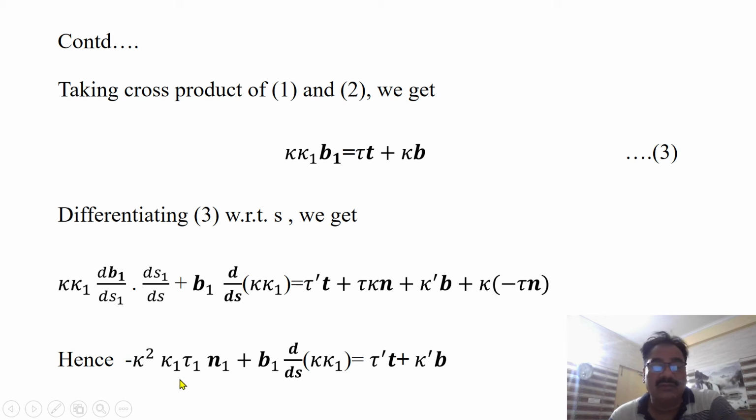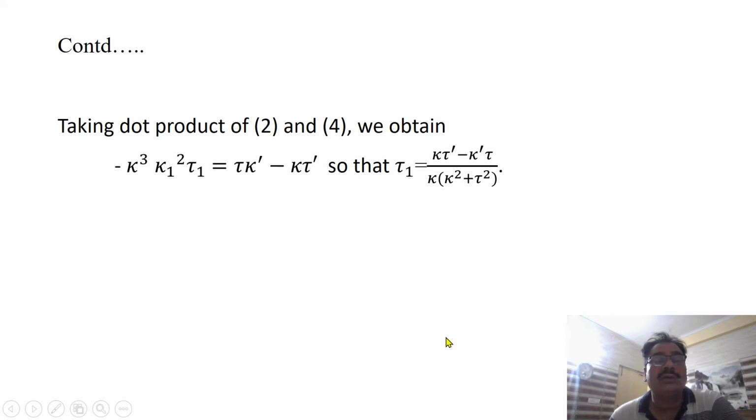On simplification, we write minus k squared k1 tau1 n1 plus b1 d by ds of (k k1) is equal to tau dash t plus k dash b. Now taking the dot product of 2 and 4, we obtain on simplification tau1 is equal to (k tau dash minus k dash tau) divided by k times (k squared plus tau squared).